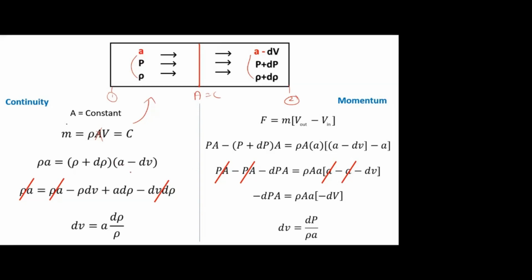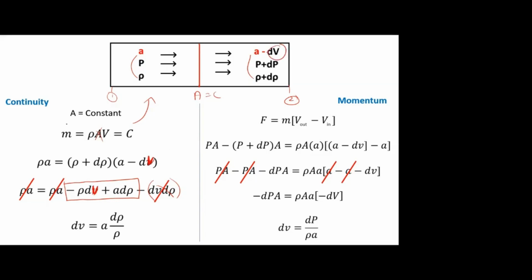If you simplify, we can cancel this rho A, and this one, it is a very small term because dV is very small, d rho is again small. If you multiply further, it will be very small. So we are cancelling this d rho by dV just for the simplification. We have remaining only this term. If you rearrange this for dV, actually this is a capital V, it's a velocity.